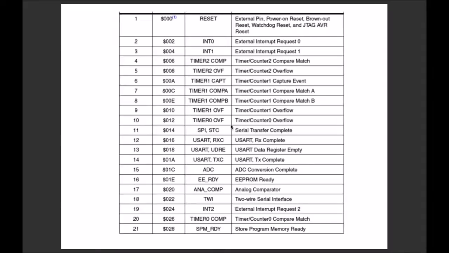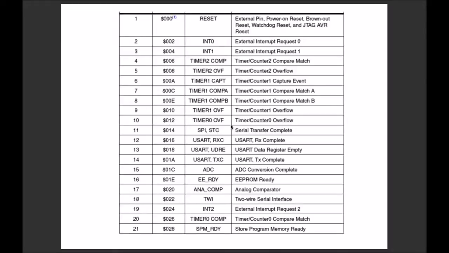Similarly we have timer 1 overflow interrupt, timer 1 compare match A and compare match B. Actually there are two OCRs in case of timer 1, so there are two different compare matches. Similarly we have timer 2 overflow and timer 2 compare match interrupt. And there are a few more interrupts for communication. There is an SPI related interrupt. For UART there are receiver and transmitter interrupts. For ADC also we have an interrupt.